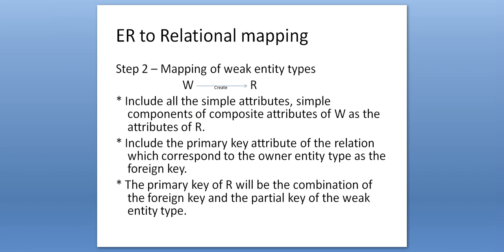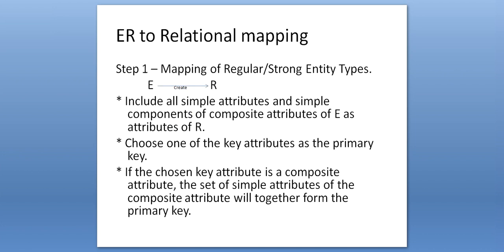In the first step, it says that it is the mapping of strong entity types or regular entity types, isn't it? From the company diagram, we can see that there are three entity types which are strong. The first one is the employee entity type, then the department entity type, and then the project entity type.